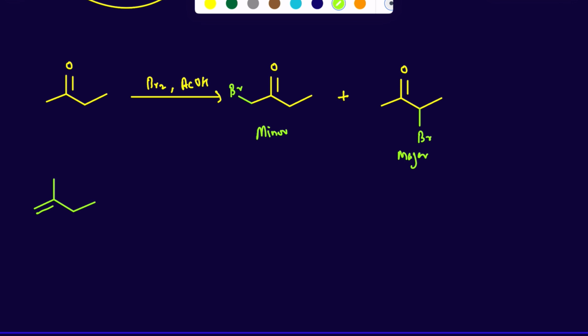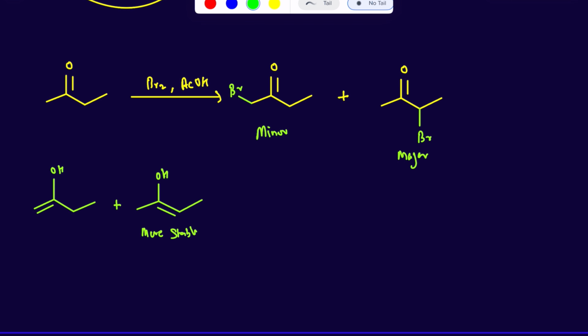So I make this enol right there, and I make the enol where the double bond is going to be on the right side of the alpha position. I make this enol. And since this right side double bond is more substituted, this would be more stable. So as a result, you're more likely to make a product out of this enol here, and you would have this as the major product in that case.